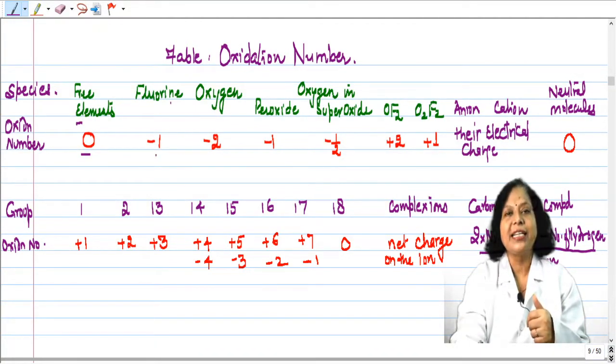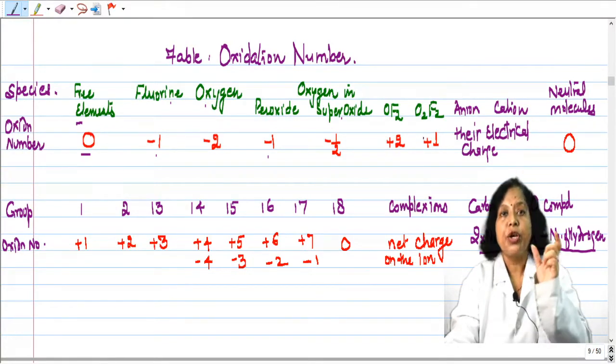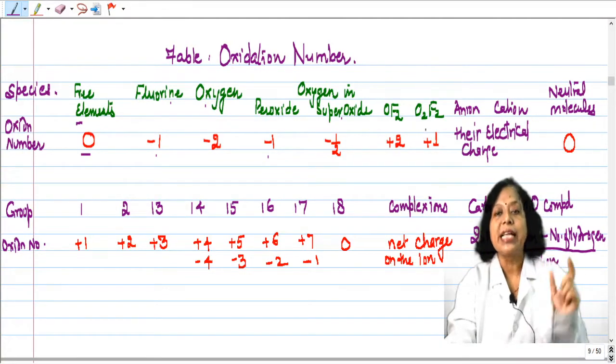For fluorine, it is minus 1. For oxygen, it is minus 2. But oxygen in peroxide is minus 1. In the superoxide state it is minus half. In OF2, it is plus 2, and in O2F2, it is plus 1.